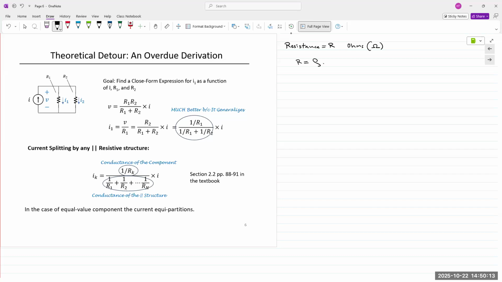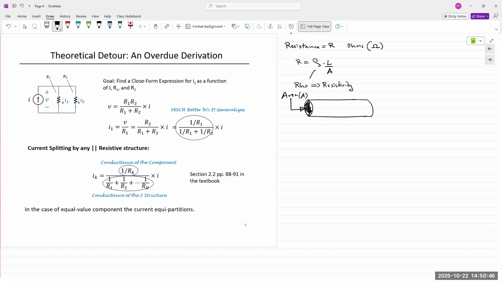Mathematically, it can be given by rho L over A. This rho is the Greek letter rho. It stands for resistivity. Resistivity is a material property of a material. And you can use the resistivity to design resistors of different value.